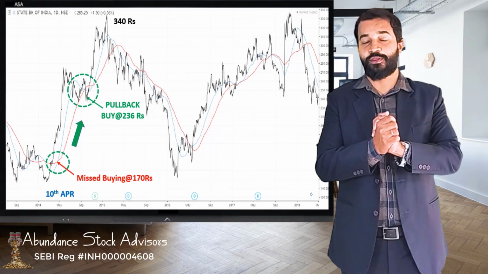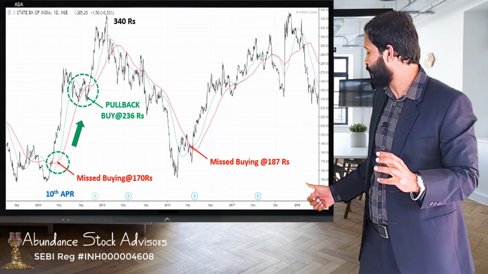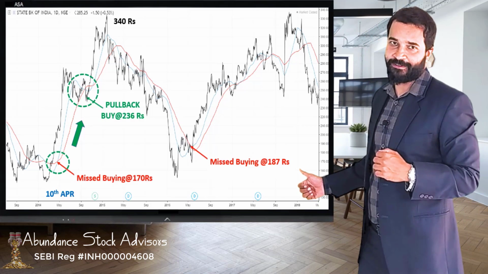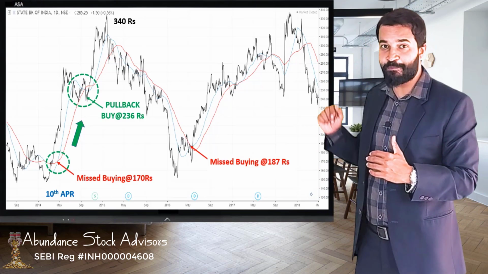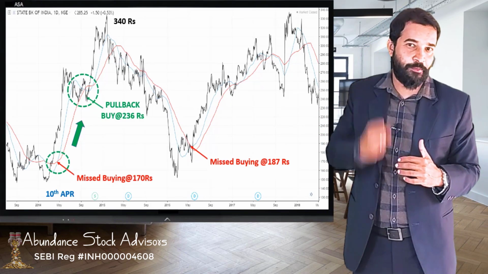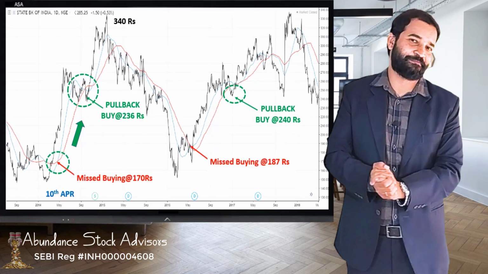Another occasion came when you missed buying the stock at a positive crossover at rupees 187. Again, before the stock rallied back to its peak price, it gave a buying opportunity at a pullback price of 240 rupees.